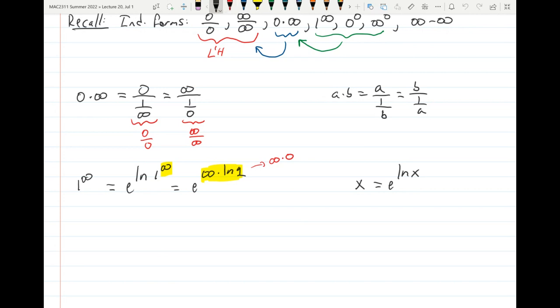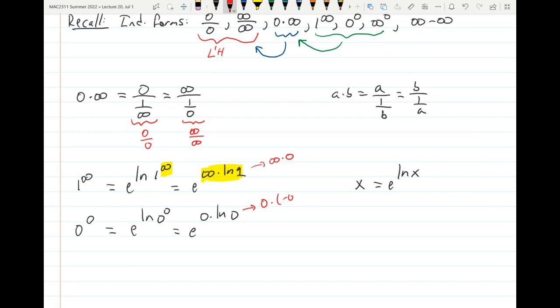All right, so 0 to the 0 is similar business. e to the ln of 0 to the 0. Bring the exponent down in front of the ln. Now remember, when the argument of the ln approaches 0 from the right, then ln goes to negative infinity. So this is a 0 times infinity situation.